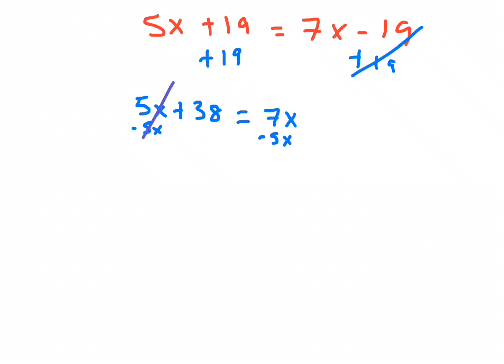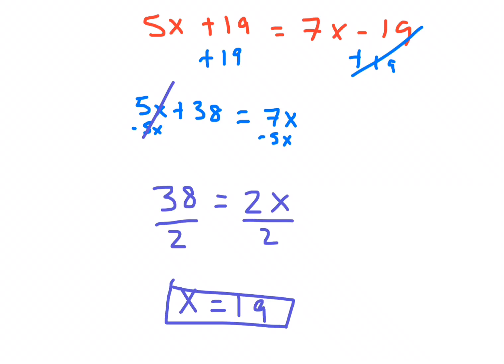So this cancels that out, and now I have 38 is equal to 2x. Divide by 2, divide by 2. 38 divided by 2 is just 19, so x is equal to 19.